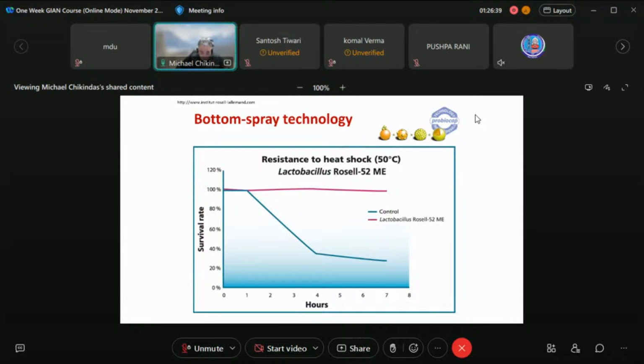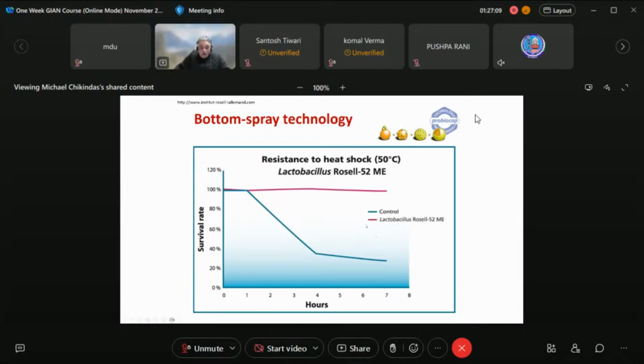To the best of my recollection, I may be wrong, but I think Institut Rosell and Lallemand were, if not the first, one of the first who suggested to incorporate together the probiotic and prebiotic in one formulation for the vaginal effective action.